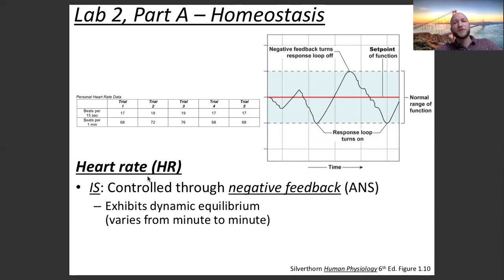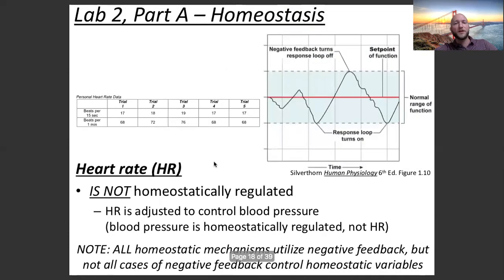Your body is going to respond with negative feedback, with antagonistic control, with bidirectional negative feedback. So heart rate does experience some negative feedback, but it is not a homeostatically regulated variable. There is no set point for heart rate. There's a set point for blood pressure, and heart rate is one of many tools that your body uses to change blood pressure.